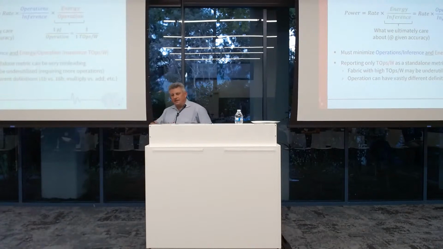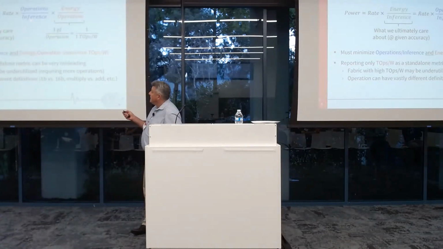So in other words, at the end of the day, when you evaluate the goodness of a processor, you actually have to look at both. You have to look at how clumsy it is at maybe wasting operations for inference, and how good it is at expending energy per operation.